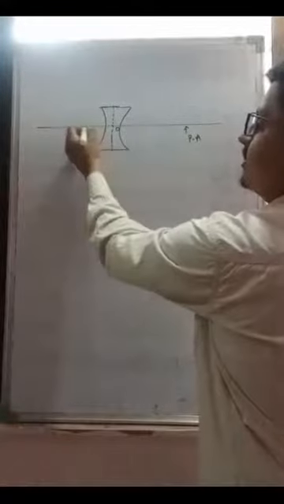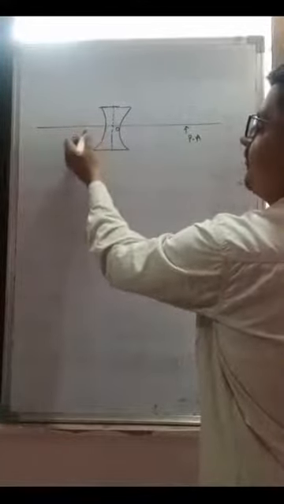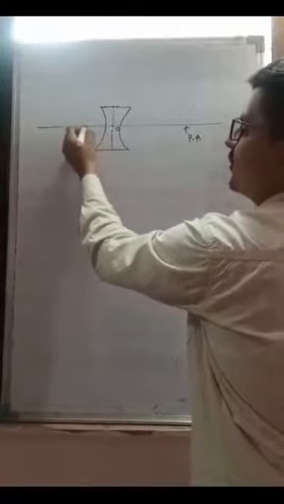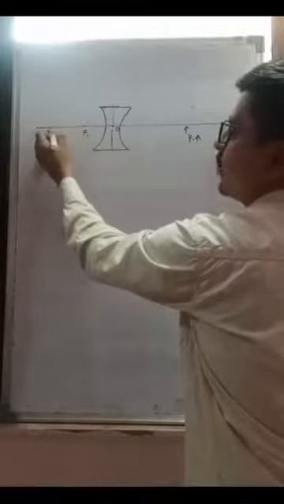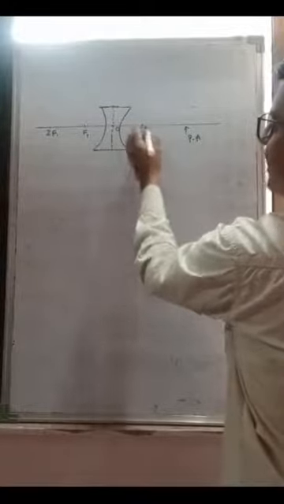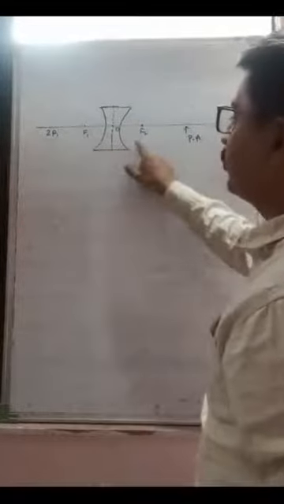Take a certain distance, make a point F1, and from the same distance on the right-hand side, F2. F1 and F2 are equidistant from point O.